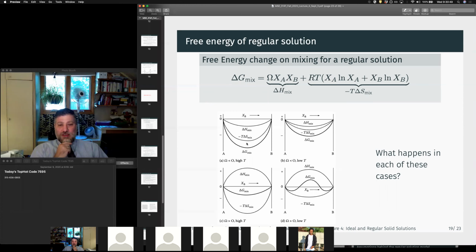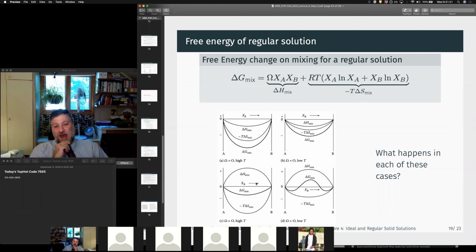Our free energy is still going to be negative by mixing, by adding more A to B. So we have solubility over the complete range, right? And obviously, as we go up in temperature, our entropy term gets more negative, right? So our Gibbs free energy of mixing is going to decrease.